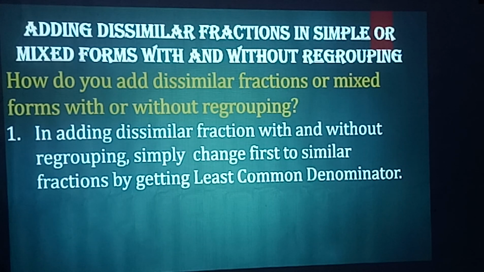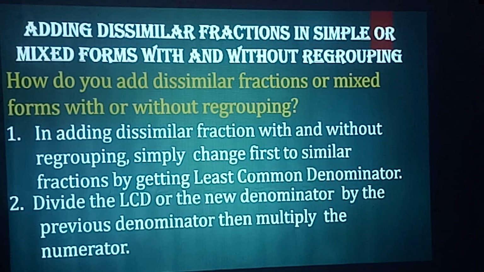And the least common denominator can be done by getting the multiples of a given number, and then after getting the multiples, find the least common multiple, and the LCM would be the least common denominator. And then after that, divide the LCD or the new denominator by the previous denominator, then multiply the numerator.